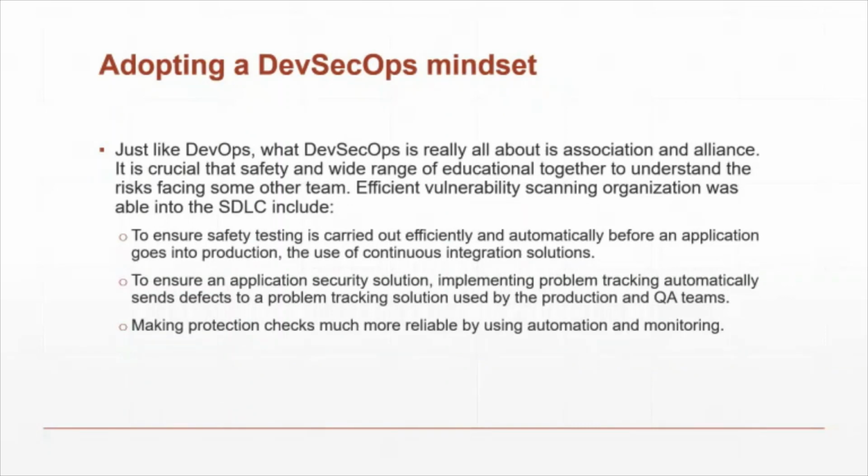It's crucial that security and a wide range of teams work together to understand the risks facing each other. With efficient vulnerability scanning, organizations are able to include security testing in the SDLC to ensure it is carried out efficiently and automatically before the application goes into production. Use a continuous integration solution to ensure the application security solution implements problem tracking, automatically sending defects to the problem tracking solution used by the production and QA team, making production checks much more reliable by using automation and monitoring.